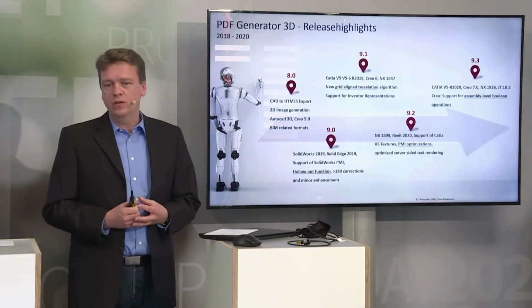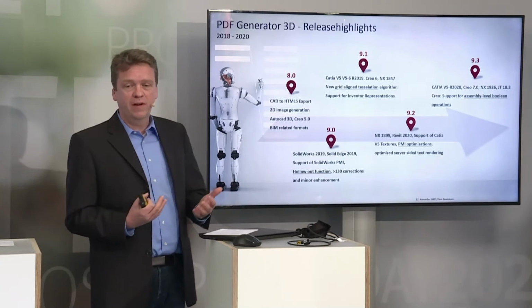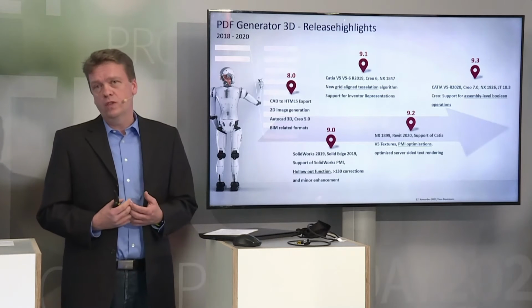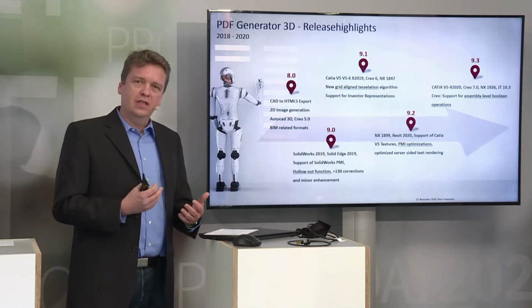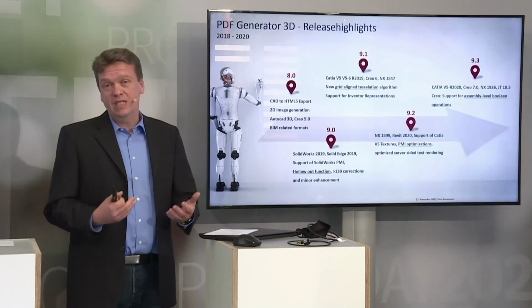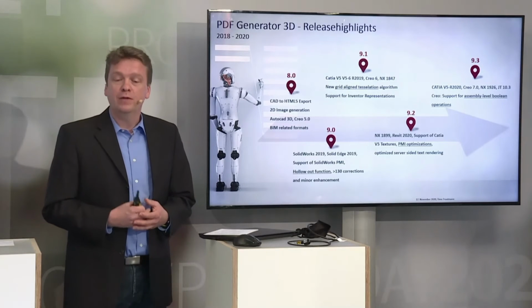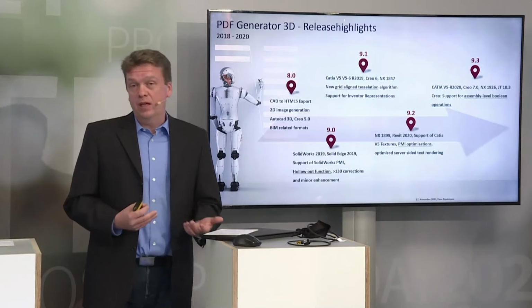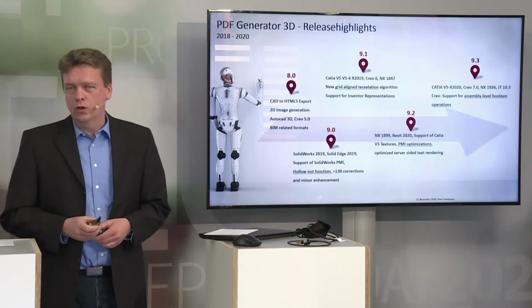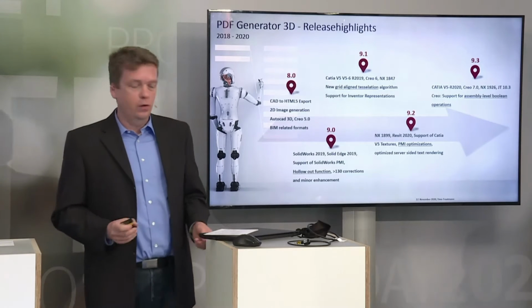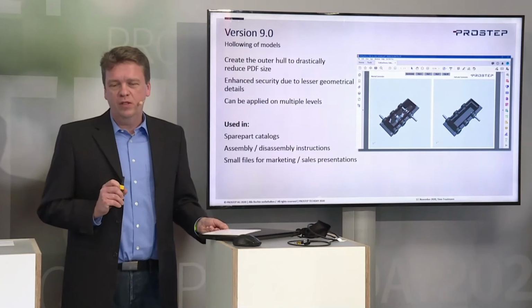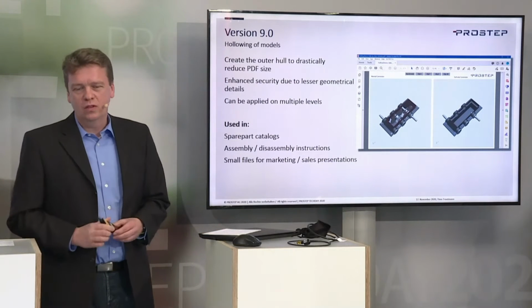In 9.1, we had a new algorithm. 9.2 focused very much on 3D annotations, on one hand, and things like server-sided rendering. On the other hand, now with 9.3, particularly in Creo, we have new functions like assembly level operations.